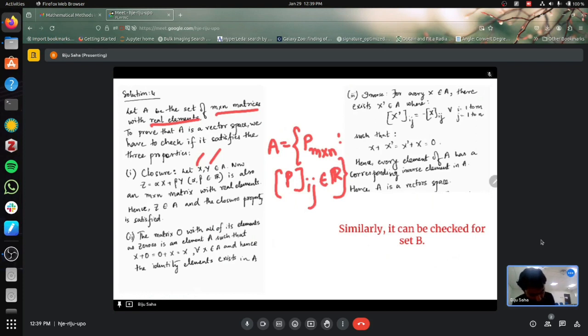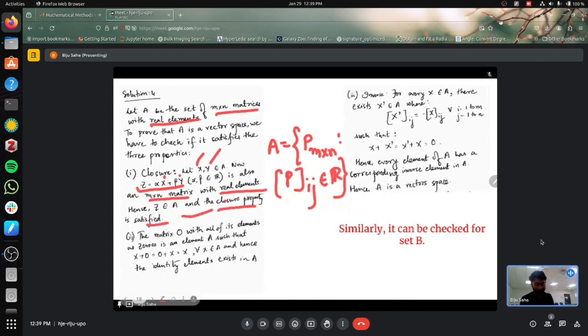Now z is given by alpha x plus beta y, where alpha and beta are real, as mentioned in the question. Since individually they are m cross n matrices with real elements, and alpha and beta are also real, this has to be entirely real. So z is again an m cross n matrix with real elements. So the closure property is satisfied.